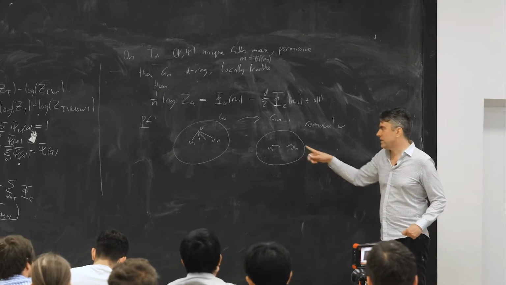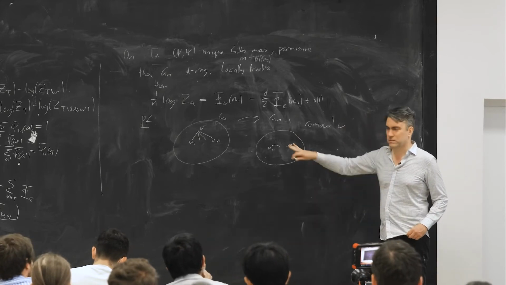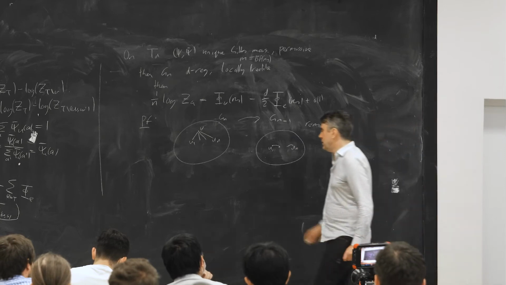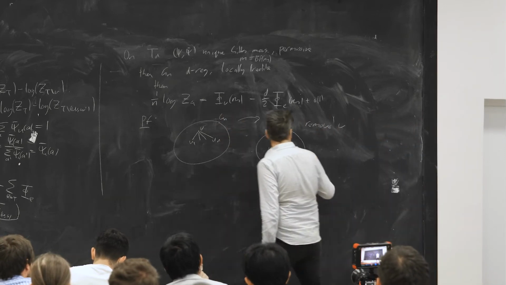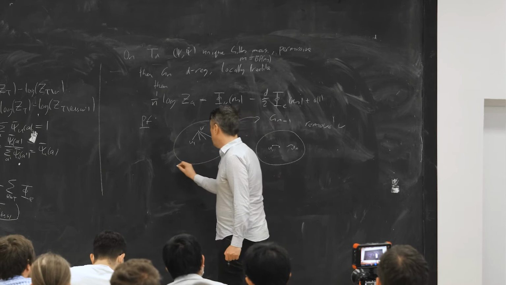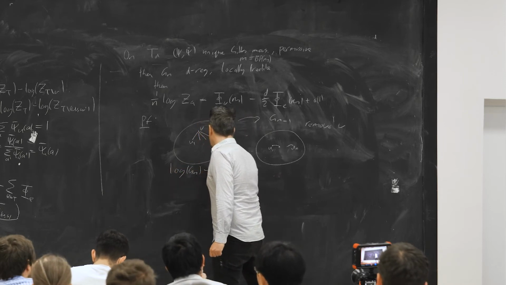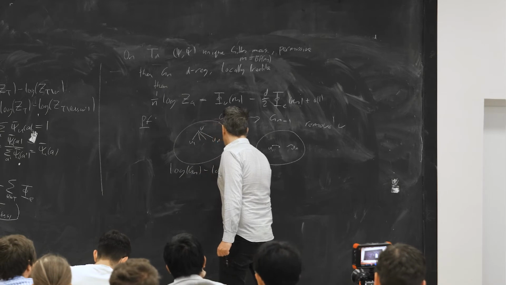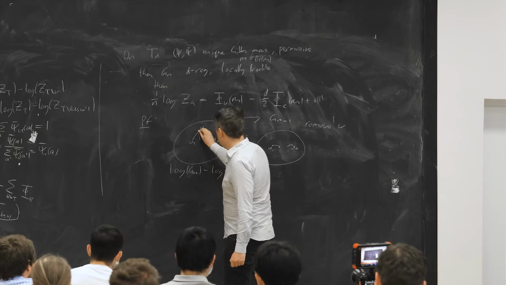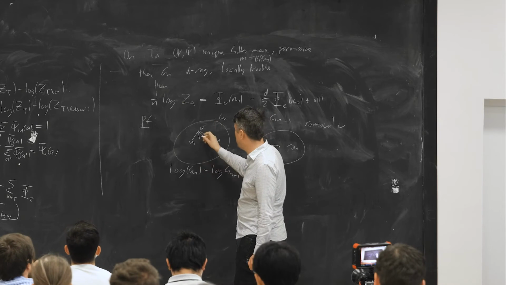And I just want to calculate what's the effect of this operation. So log of Z_Gn. Well, it's locally tree-like, and I picked V at random.